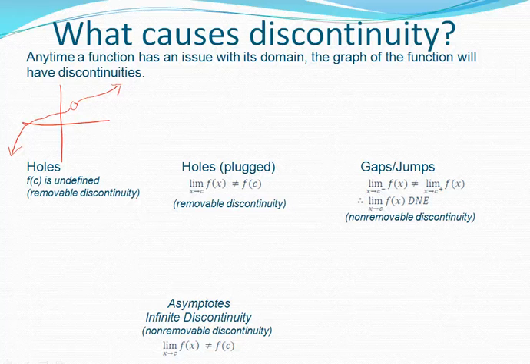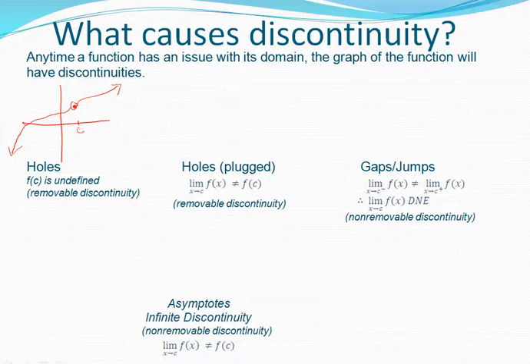At that point, we know that that's a discontinuity, a break in our graph, somewhere where the value of x that we call c does not exist. However, we can make a piecewise function and define this exact point and give it a value, therefore plugging it in. And when we do that, we've removed the discontinuity. So holes are a removable discontinuity.